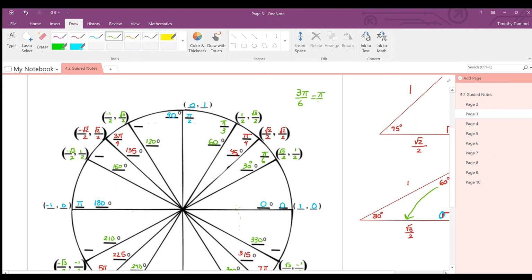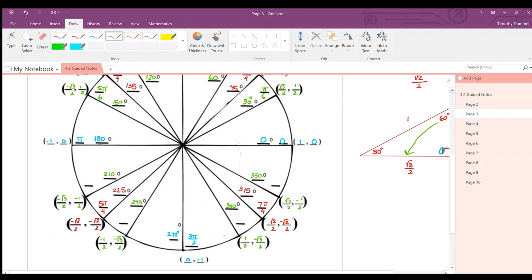Well, we already have that one filled out. So let's move to the next one, 4 pi over 6. That's going to reduce to 2 pi over 3. Okay. And then the next one would be 5 pi over 6. And then the next one would be 6 pi over 6. And 6 pi over 6 would just be pi.